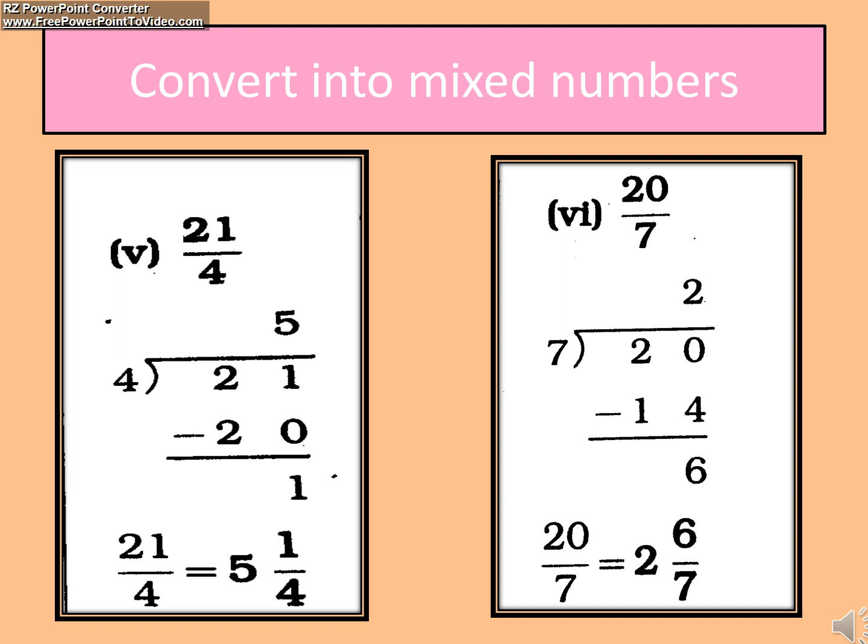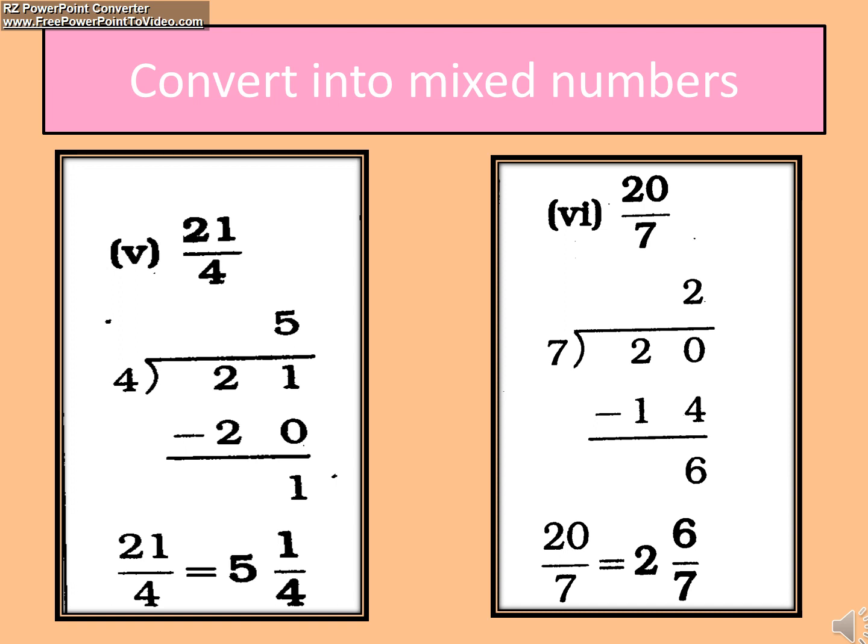Then we will have to go to your second step. What is the second step? Your quotient will become a whole number, that will be 2. Your remainder will become your numerator, that is 6, and your denominator will remain as it is, that is 7. Very clear, students?